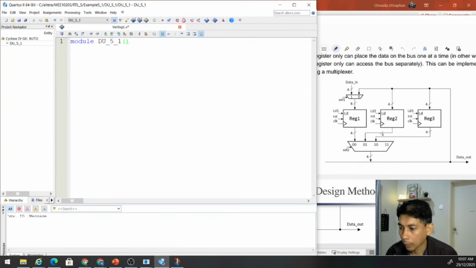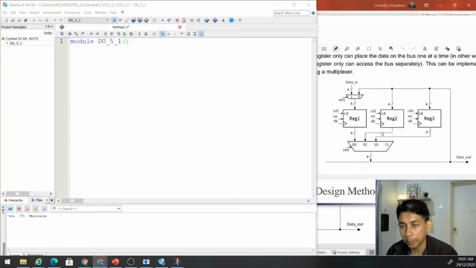Why does that happen? It is because sometimes your code cannot be synthesized into a digital circuit.